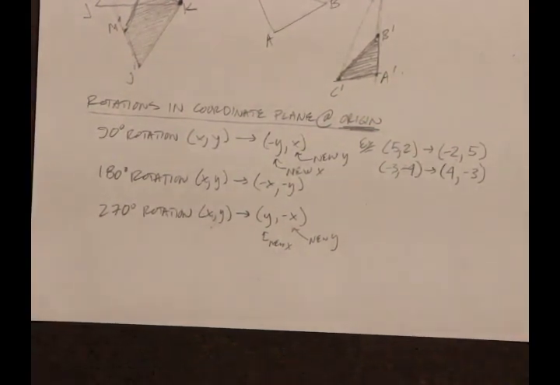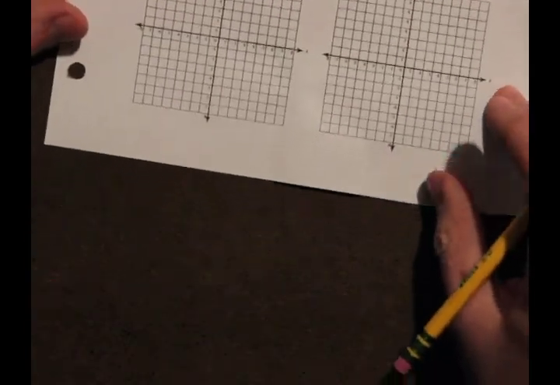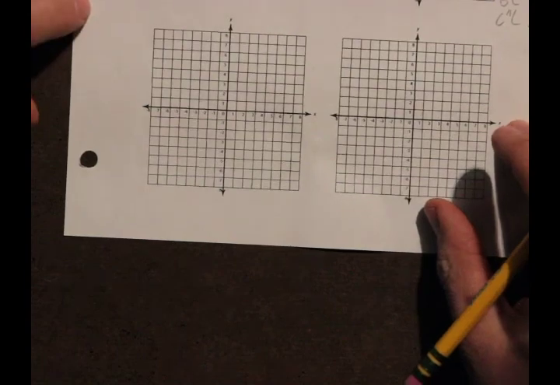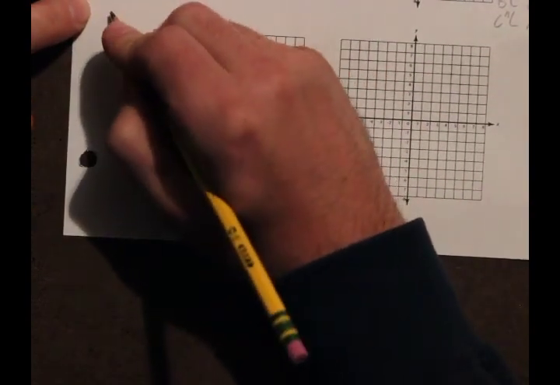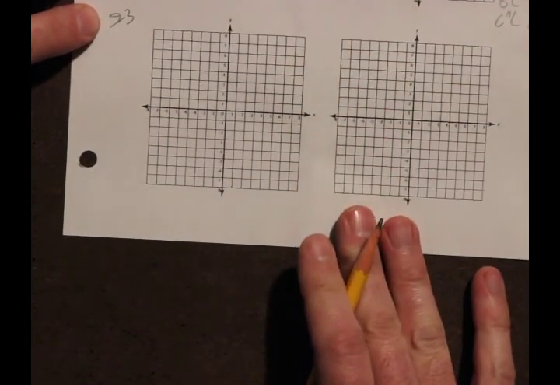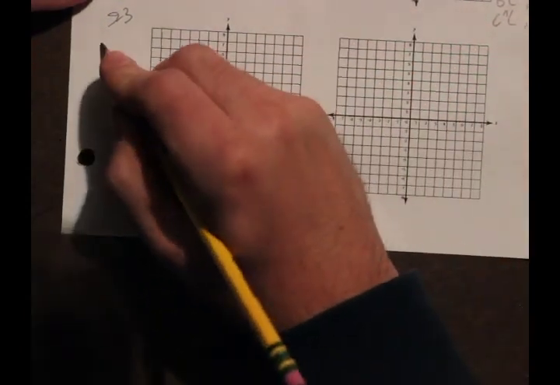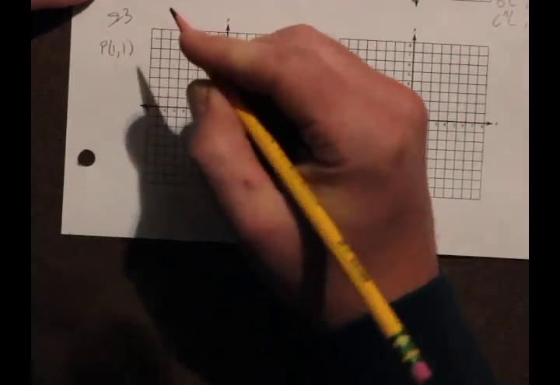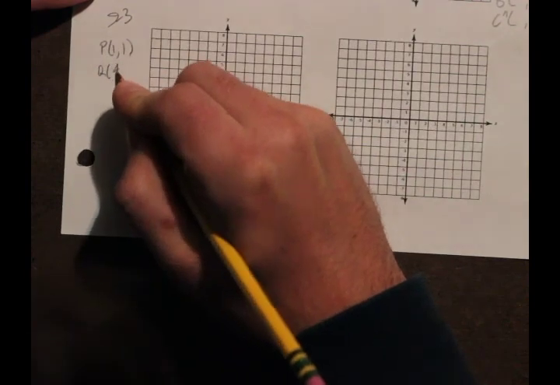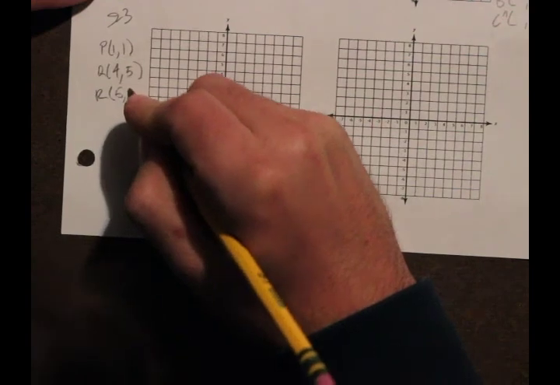Now we're going to do two examples on the coordinate plane, and we'll be done with 9-3. So we're going to start with P, which is (1, 1), Q, which is (4, 5), and R, which is (5, 1).